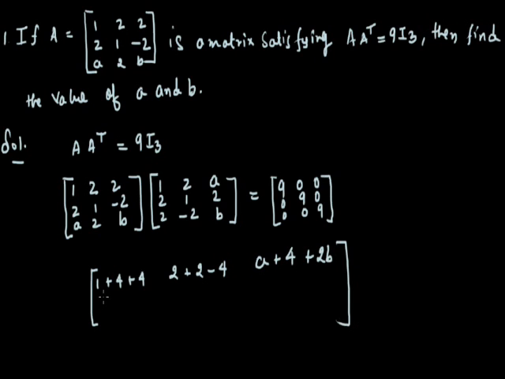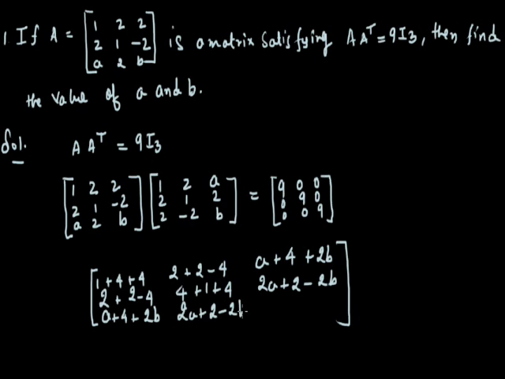Then 2 plus 2 minus 4, then 4 plus 1 plus 4, then 2a plus 2 minus 2b, and a plus 4 plus 2b, 2a plus 2 minus 2b, and a square plus 4 plus b square. Now this is equal to [9, 0, 0; 0, 9, 0; 0, 0, 9].